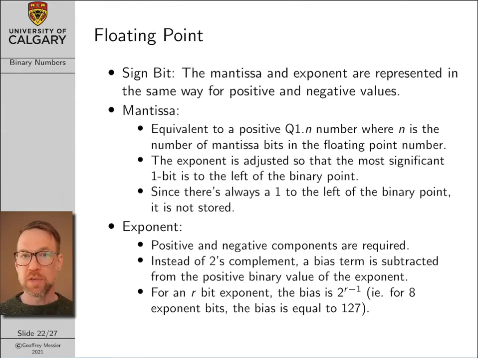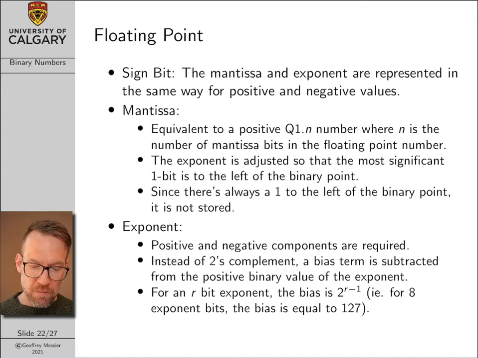And so just to put a little bit more detail around this, floating point numbers consist of a single sign bit. The mantissa and exponent are represented in the same way for positive and negative values. So basically, we do not use 2's complement for floating point numbers. The mantissa is always represented as a positive number, and the value of the sign bit just indicates whether it's positive or negative.